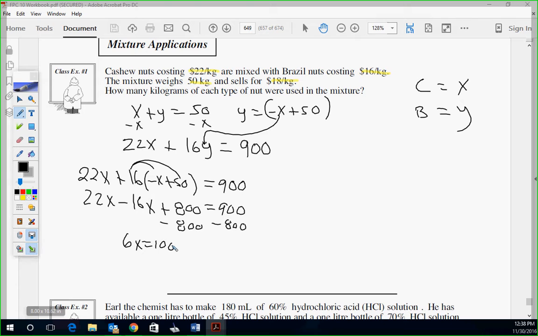Then we divide by 6. So x equals 50 over 3. Or you can write it as a decimal, which is 16.6 repeating.